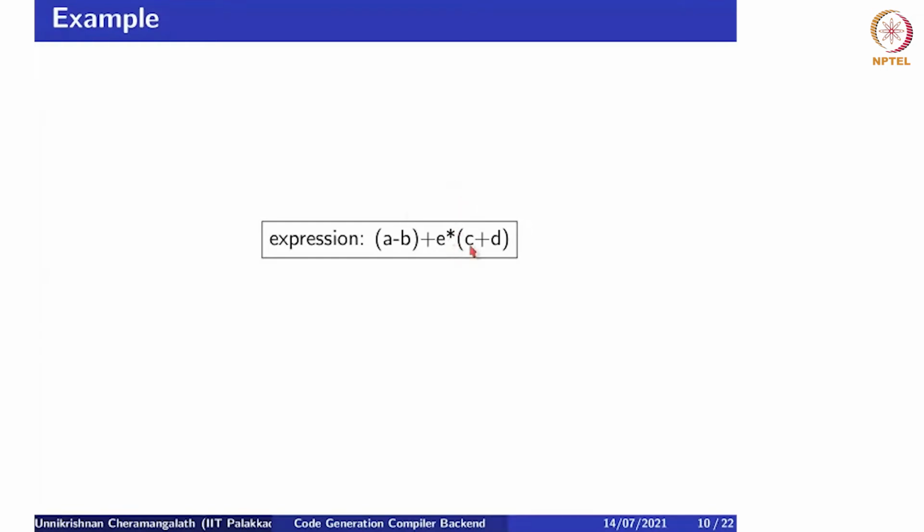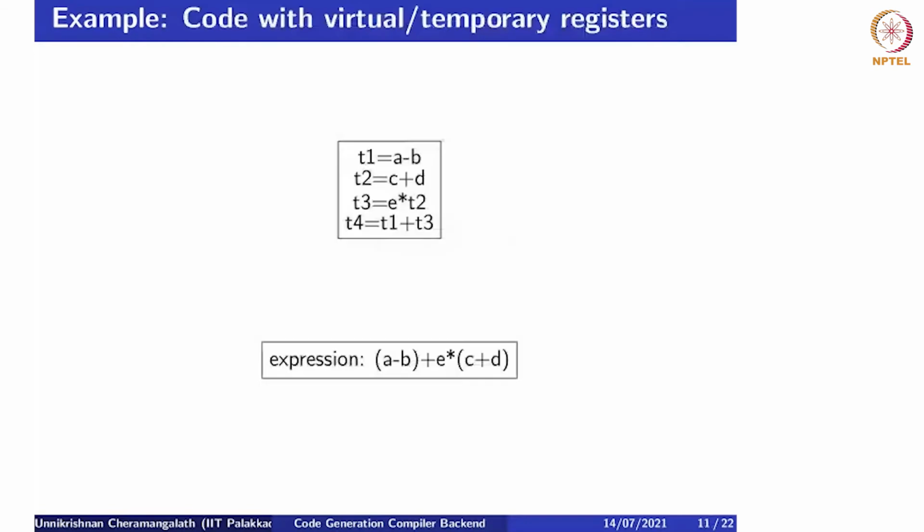Then plus. The point here is that these expression values need to be stored in temporary registers or virtual registers, that you have seen in the LLVM pass also, like %1, %2. These temporary variables are not present in the actual code. So this is the final expression.